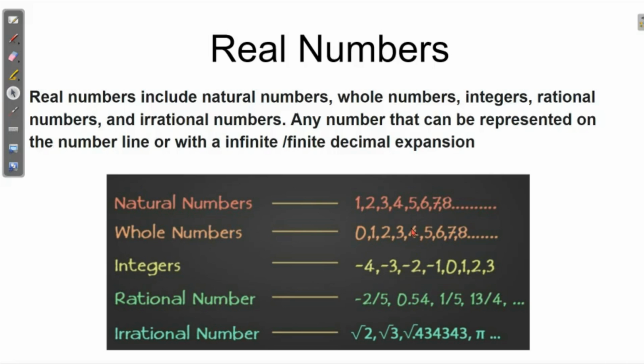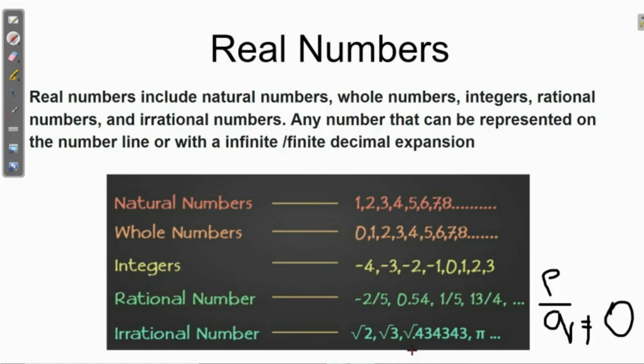And coming to rational and irrational. A rational number is any number that can be represented in the form of p by q, and here q should not be equal to 0. Okay, so this is called a rational number.